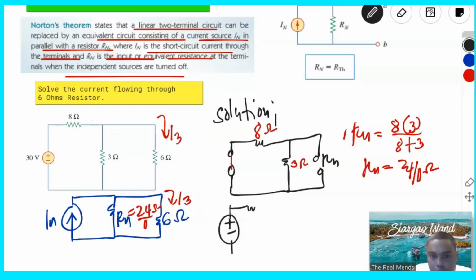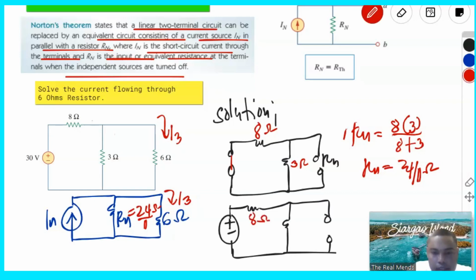This is 8 ohms. And then this is 3 ohms. And then, this RN. This is 8 ohms. This is 3 ohms. This is 30 volts.